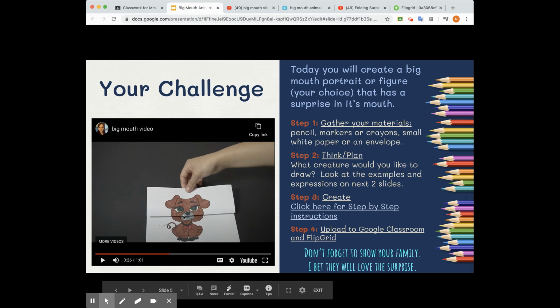Notice how the nose is on top of the fold and the mouth line is right at the fold. So as you're watching this video, pay attention to where the mouth line is at the fold.